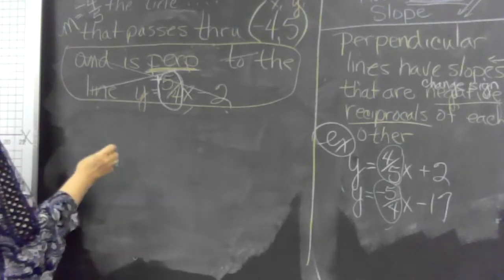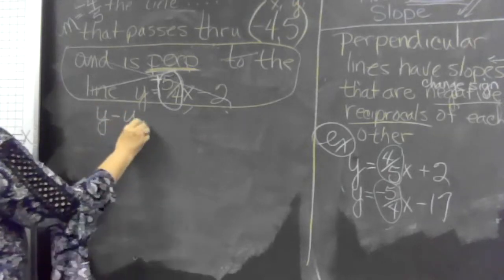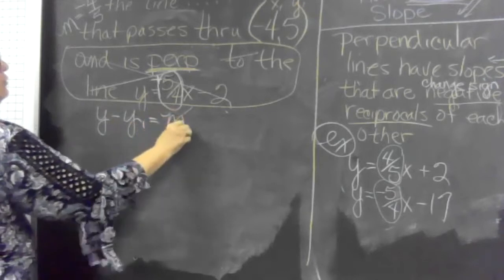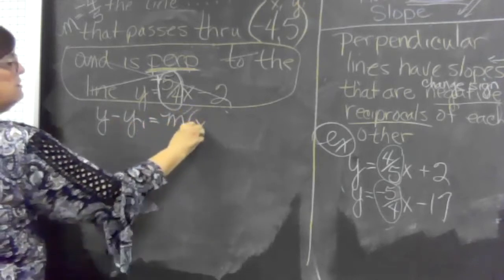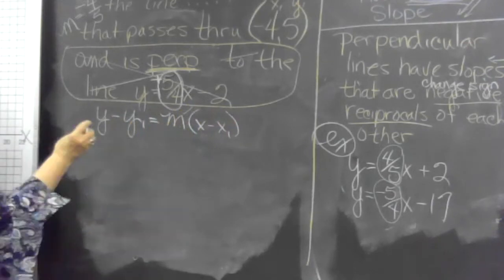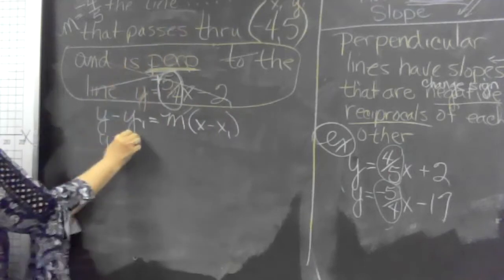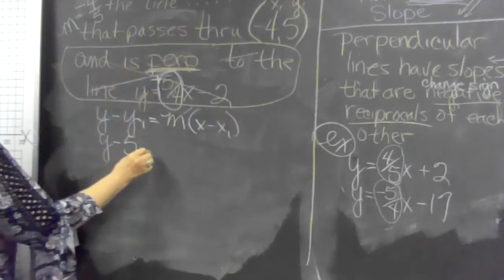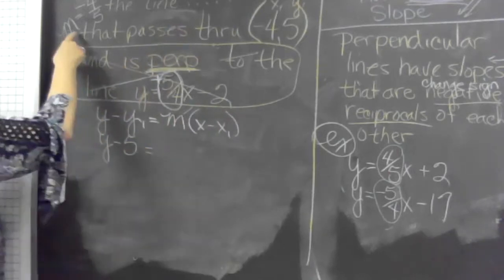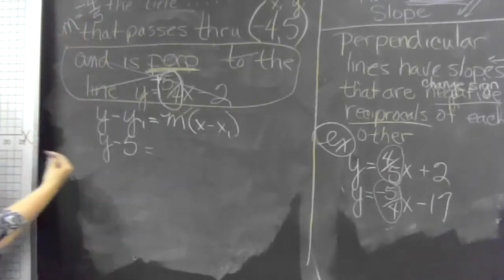Okay. So we're going to use the equation y minus y1 equals the slope times x minus x1. Plug our stuff in. Y minus y1 is 5 equals, now we need a perpendicular slope because we need the equation of a perpendicular line.